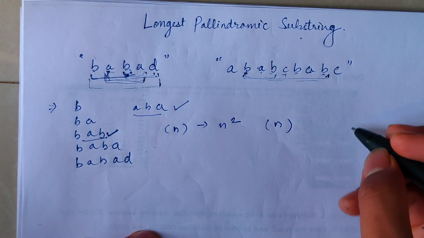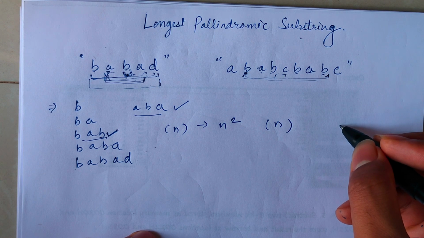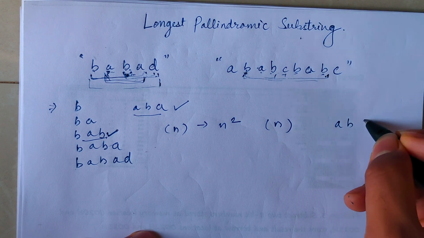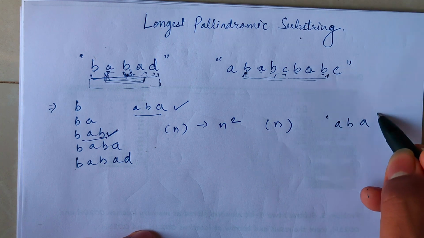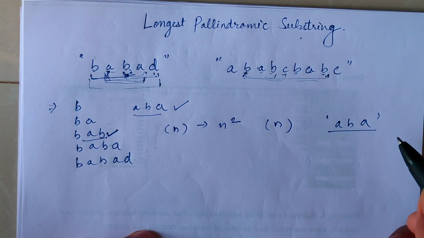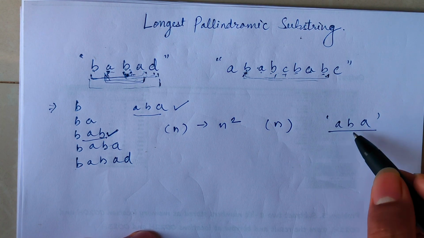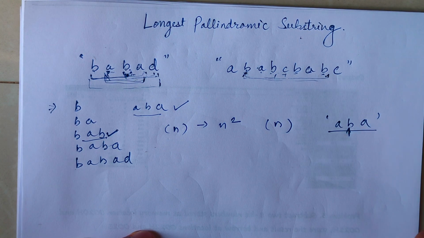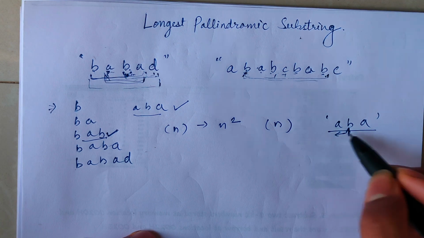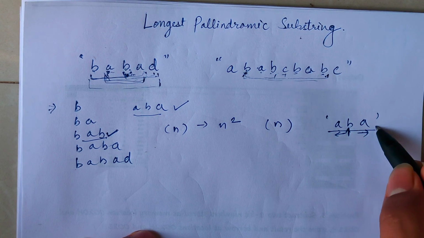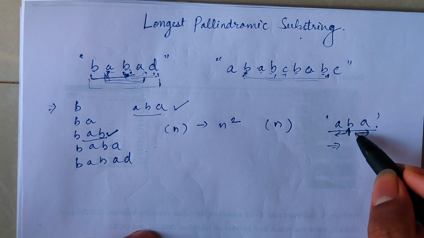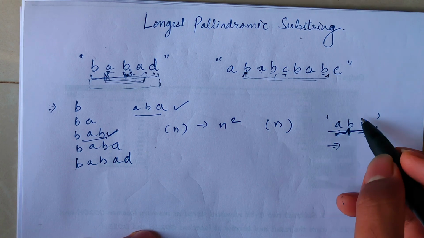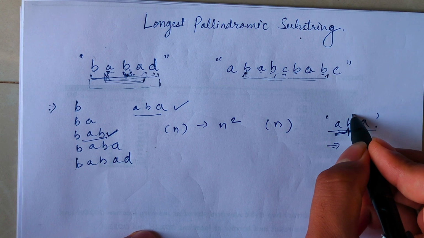Like if a string is given as ABA, to know if it's a palindrome or not, we need to iterate from the ends, A and A are equal, so we need to iterate the whole array to find out if it is a palindrome or not.